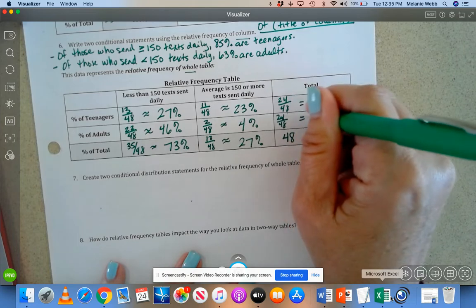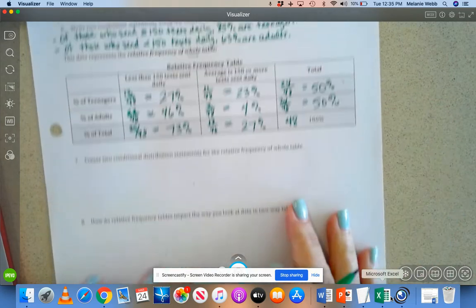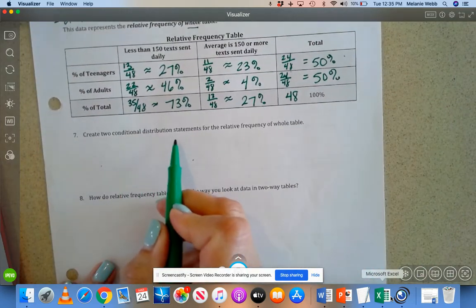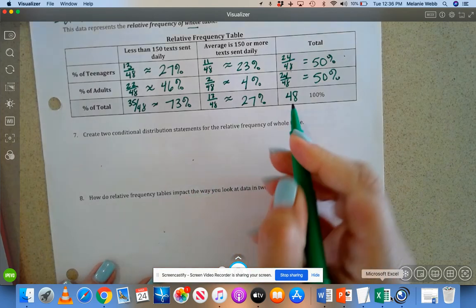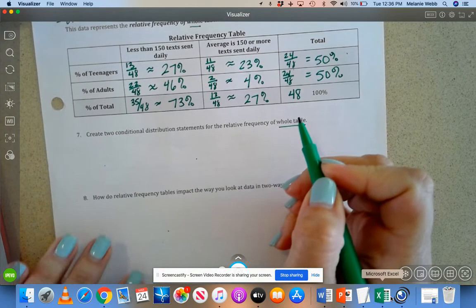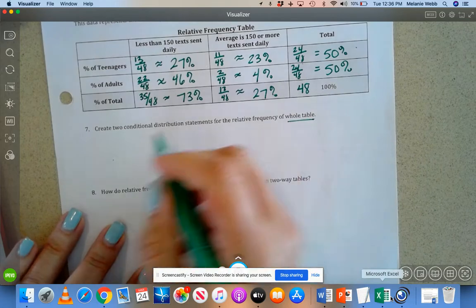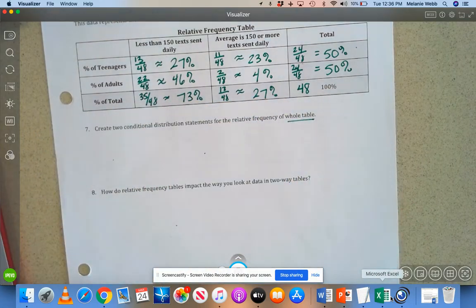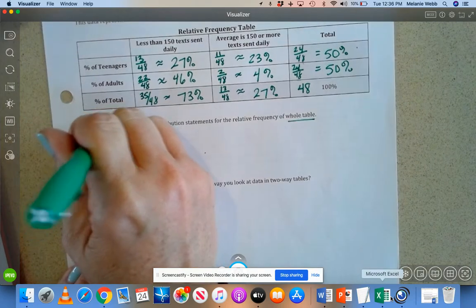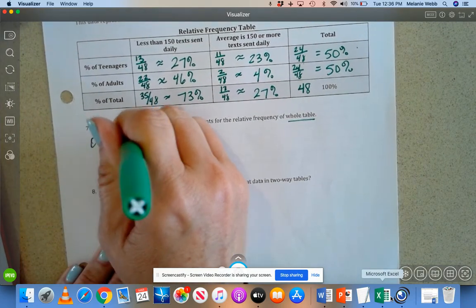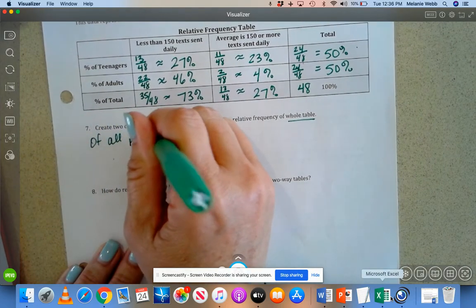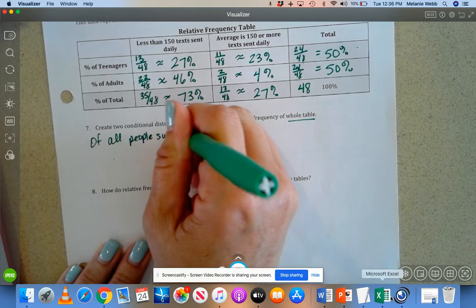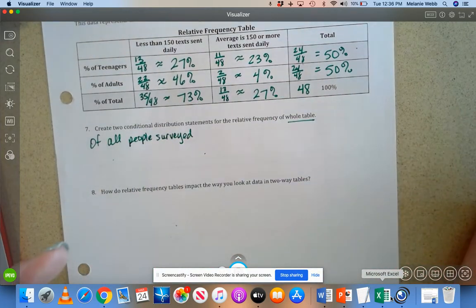Okay, so now I want to make some conditional distribution statements for the relative frequency of whole table. So now the beginning of my sentence wants to start with "of all people surveyed." You don't want to say "of all people" because that may not be true of everyone. It's just true of the people surveyed.